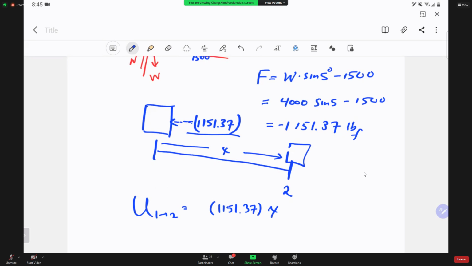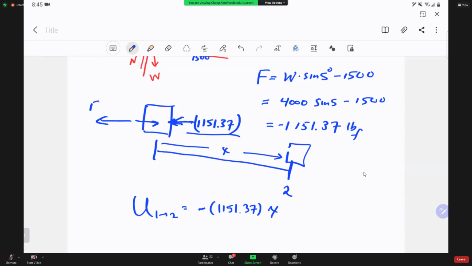Okay, so you always have to watch out for the plus or minus. In this case, your force is acting this way, but you are moving in that direction. So that means the work done by this friction force or braking force is negative.